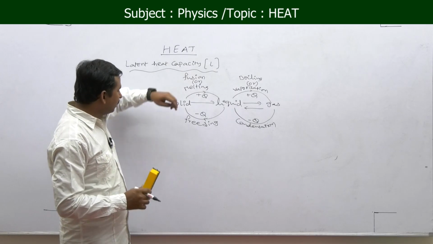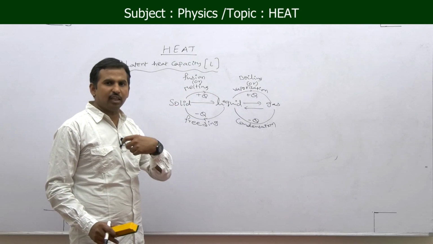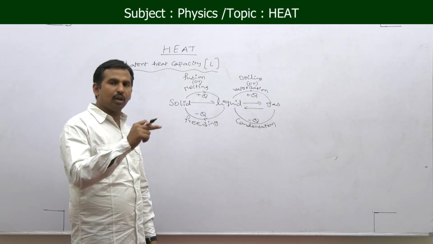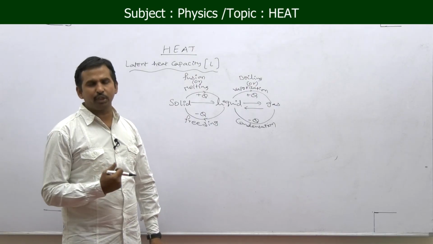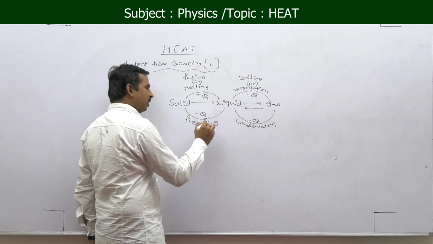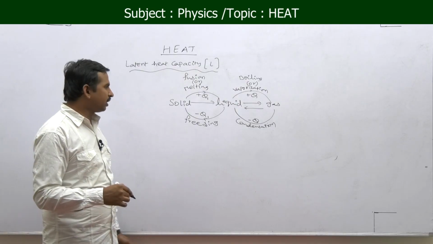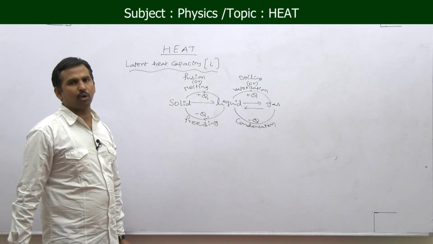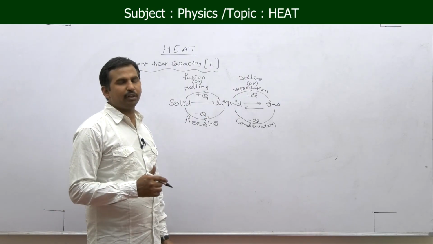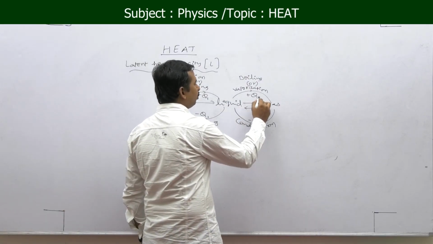But if you observe, for solid to liquid and liquid to solid, the same substance takes heat while going from solid to liquid, and while coming back to solid it gives out heat energy. The amount of heat energy it takes while going from solid to liquid, the same amount it gives back when converting from liquid to solid, from conservation of energy. In the same way, when going from liquid to gas it requires heat energy, let it be Q2.